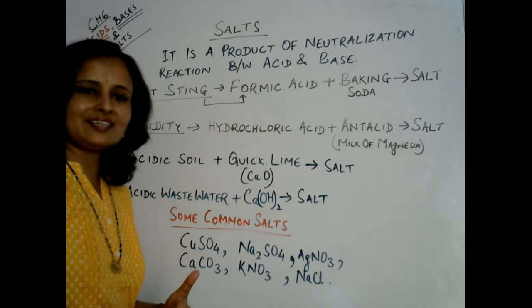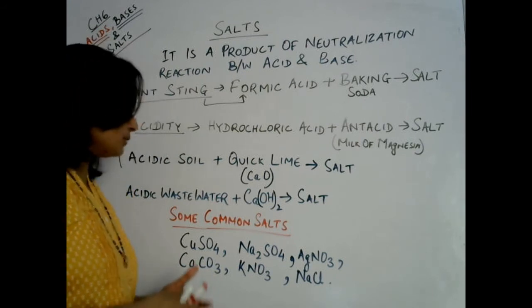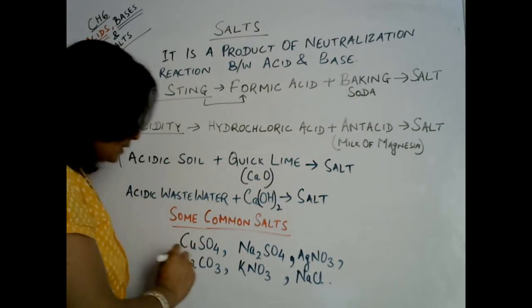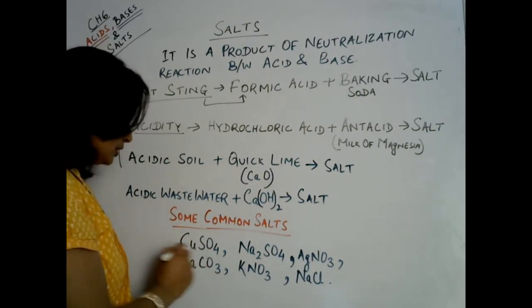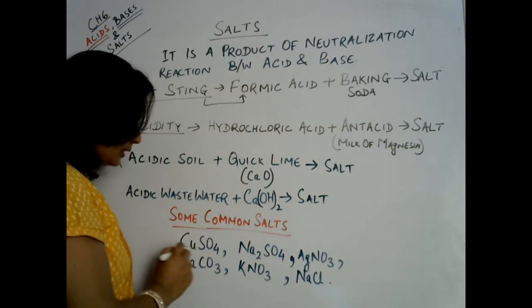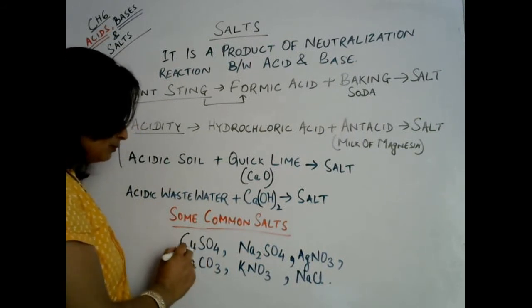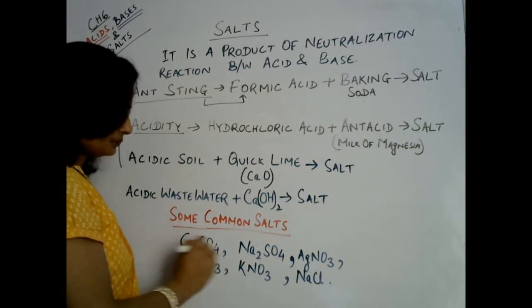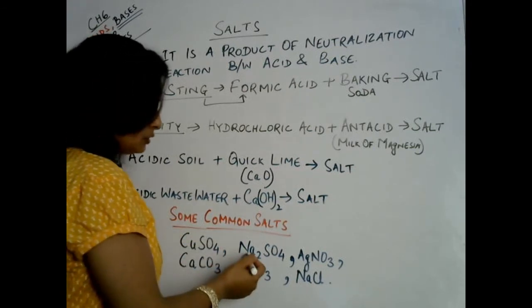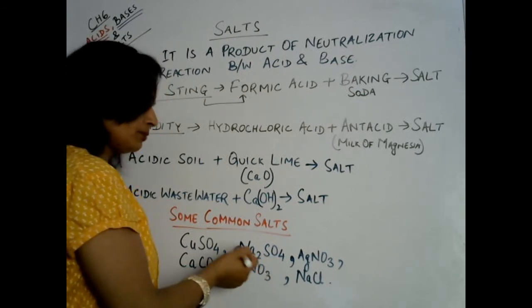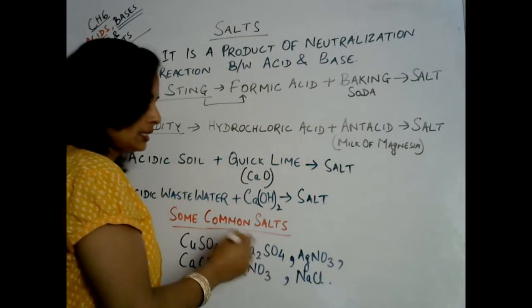Now let us take a few examples of common salts. Copper sulphate is a common salt. It has copper metal and a sulphate group. The copper comes from the base and the sulphate from the acid. Then sodium sulphate: sodium comes from the base and sulphate from the acid.